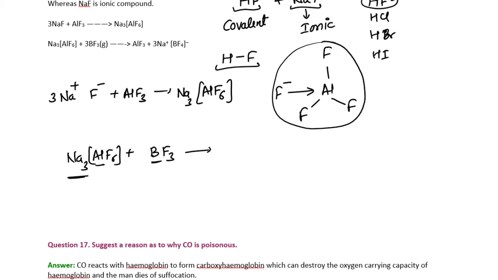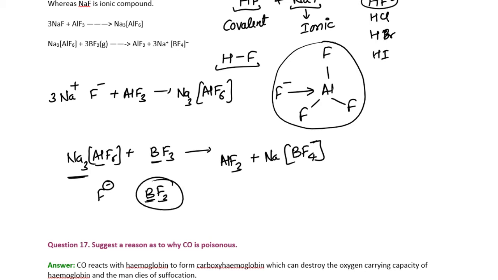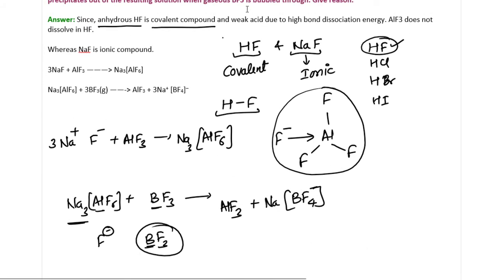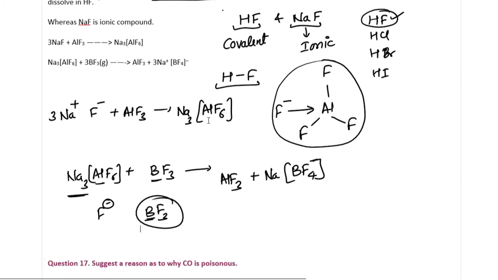That's why BF4- is formed, and that will attract the sodium ion along with the formation of AlF3. Fluoride ion is attracted by BF3 because of the small size of boron. BF3 is more electron deficient. That's why, when gaseous BF3 is bubbled through it, AlF3 precipitates out.